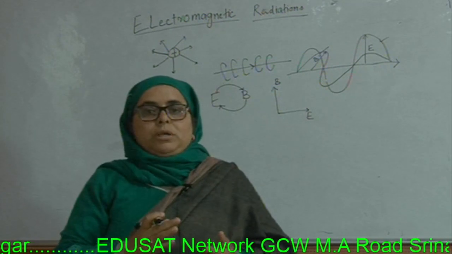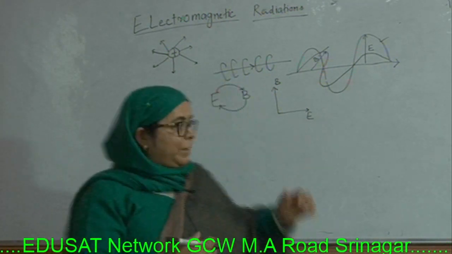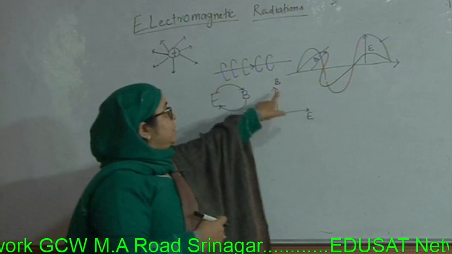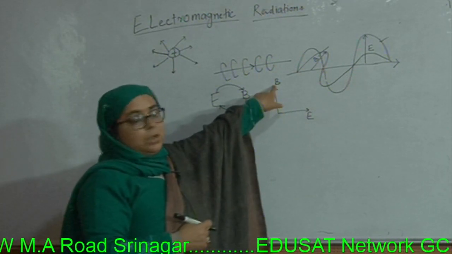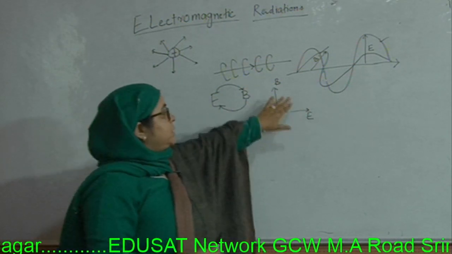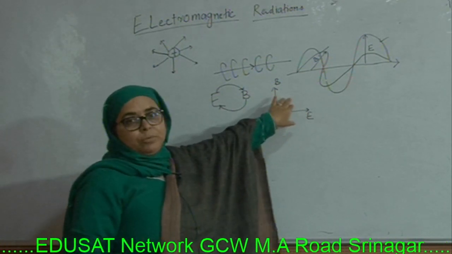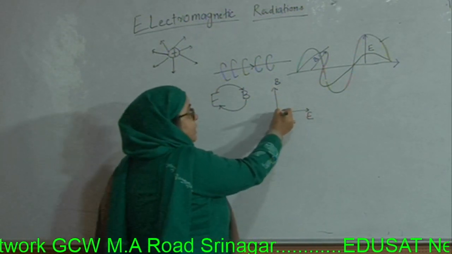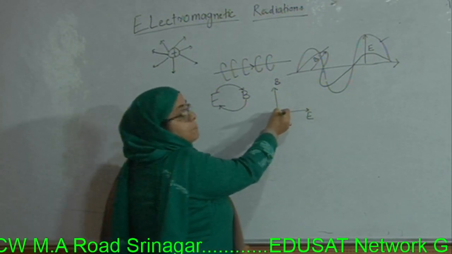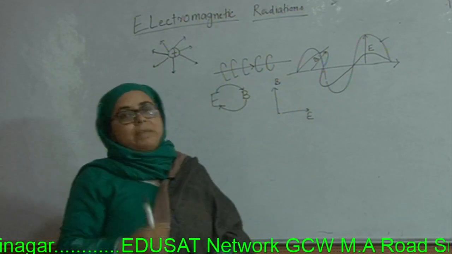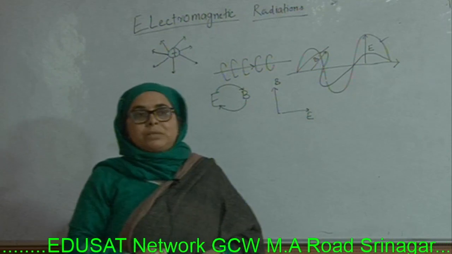Now, if we just try to understand it on the plane of this board, right? This is the electric field. This is the magnetic field. What will be the direction of the propagation? This is in the two-dimensional plane of the board. The direction of propagation will be like this. The direction of the electromagnetic radiation will be perpendicular to both electric field as well as the magnetic field. I hope it is clear.